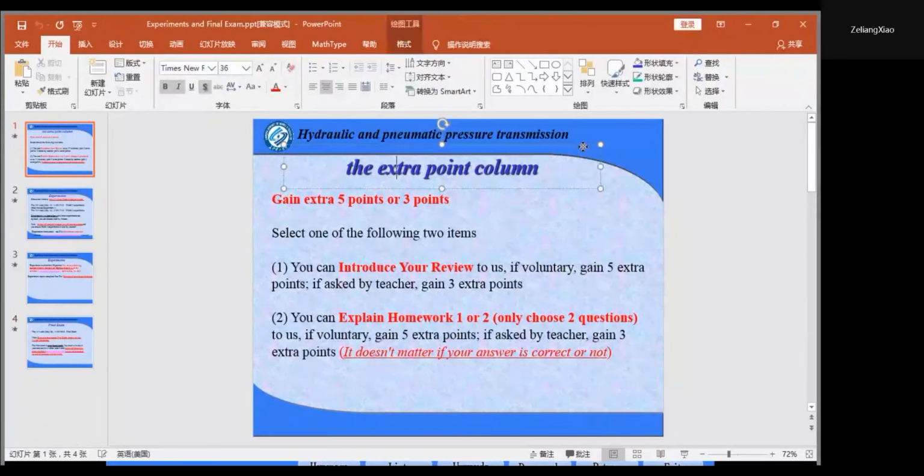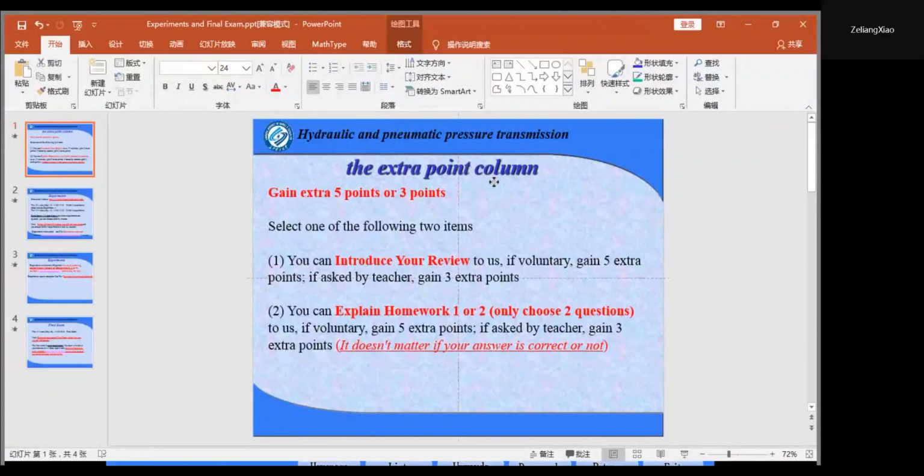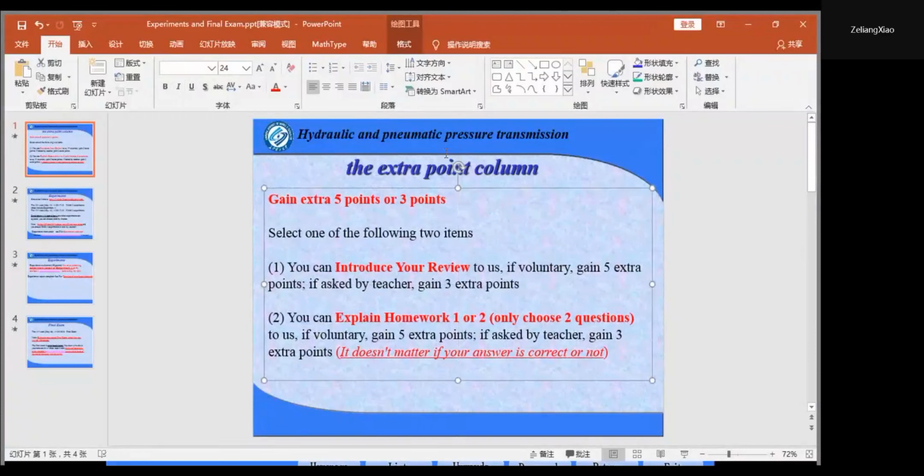So we have the extra point column, and you can use the extra point column to improve your grades. You can get a maximum of 5 points in this extra point column.